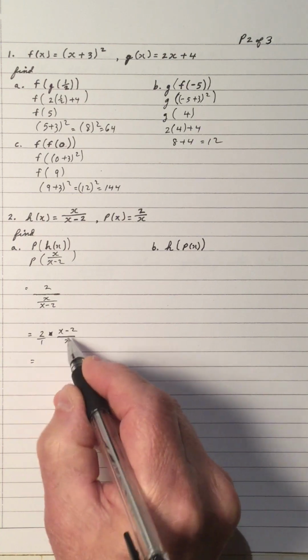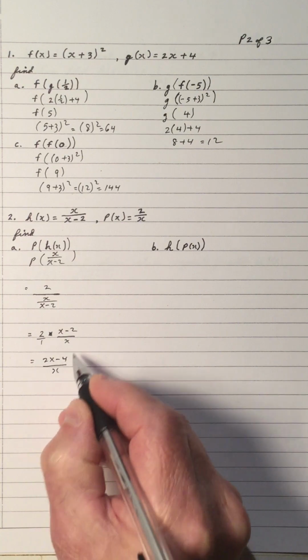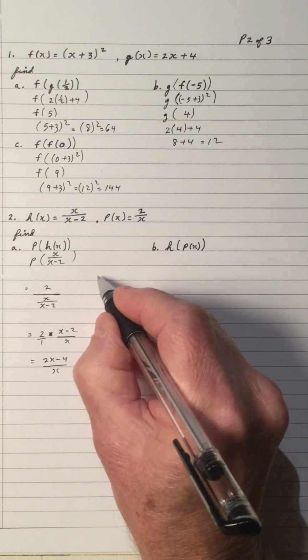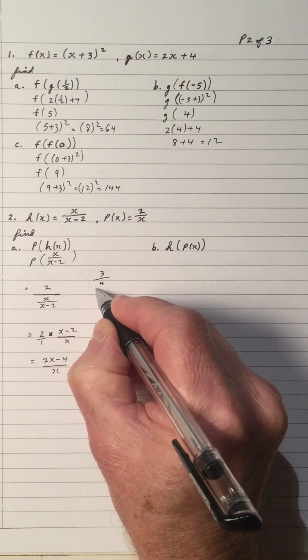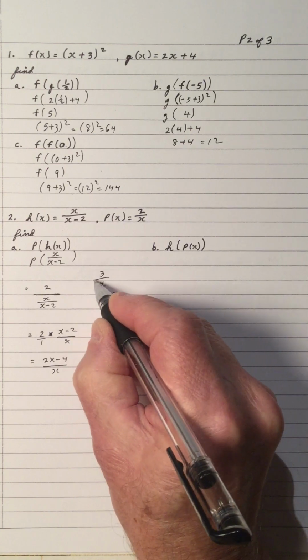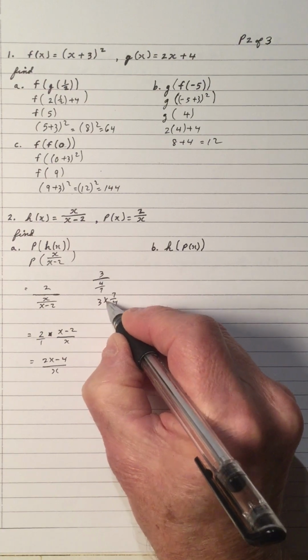So that's 2 over 1 times that, which gives me 2x minus 4 over x. Doing a reciprocal is similar to saying 3 divided by 4 over 7. That's 3 times 7 over 4, because that's division, so we multiply by the reciprocal.